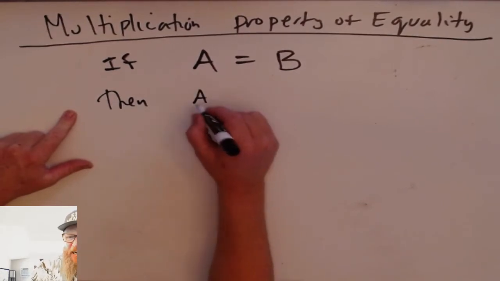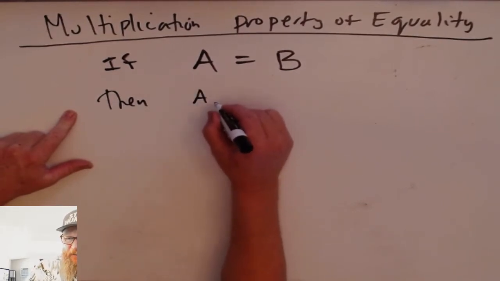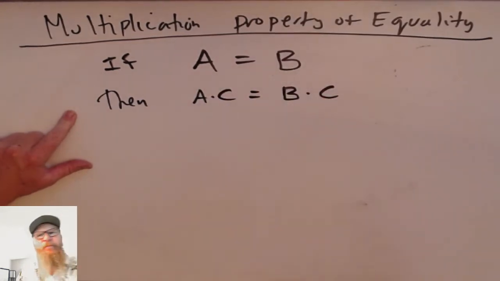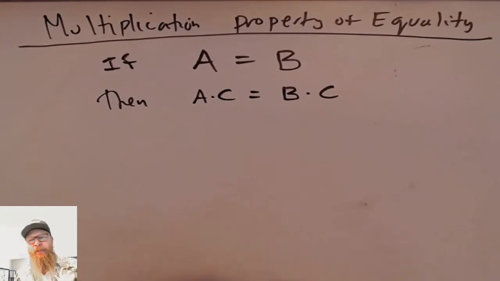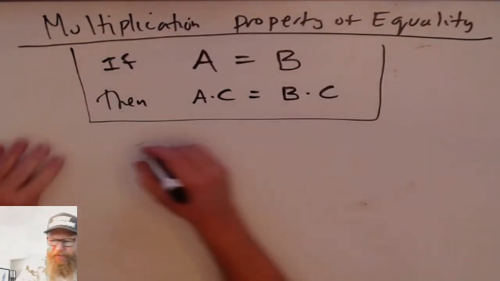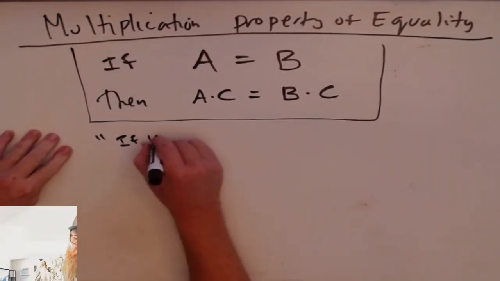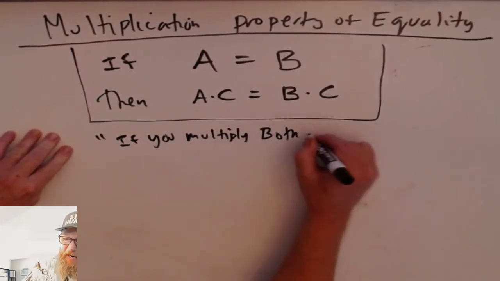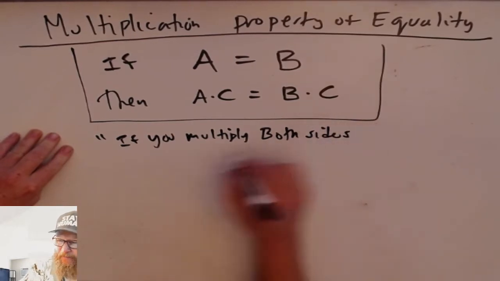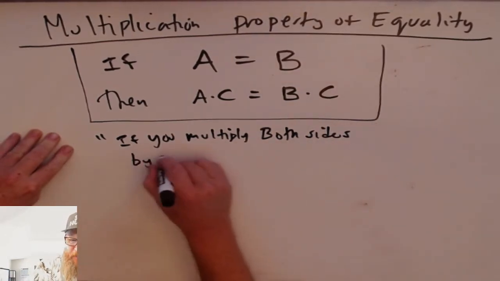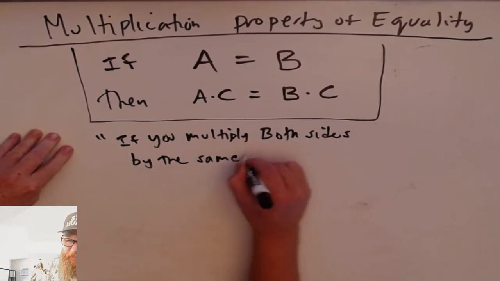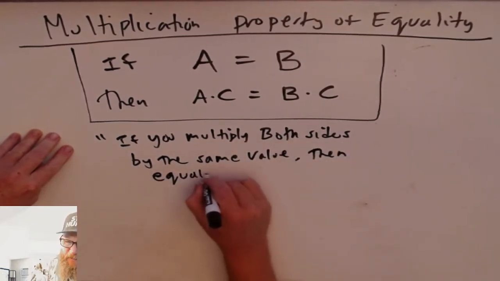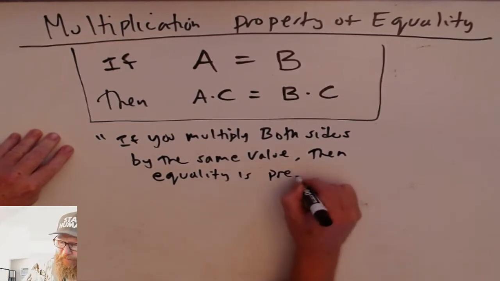Then A times C is equal to B times C. In other words, if you multiply both sides by the same number or the same value, then equality is preserved.